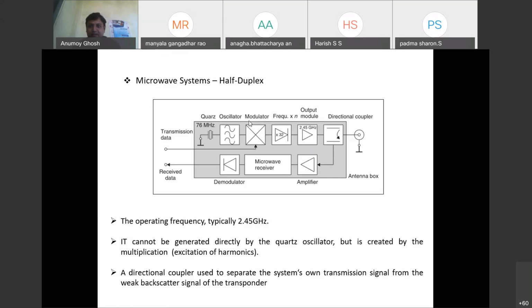So here the modulation which is employed is QPSK modulation. Why I tell you that: since it is in the gigahertz range, the antennas will be working in the far field region. Whenever they work in the far field region, the distance between the tag and the reader will be high, and then the error probability will also increase.